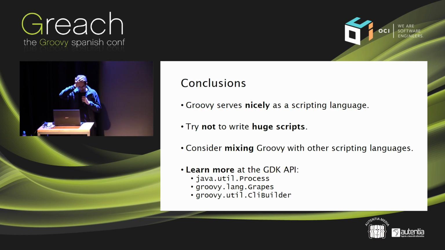And consider mixing Groovy with other scripting languages and leverage their strengths. Lastly, you can learn more from the GDK API reference. There's a lot of information for what I've just shown you in the Process class, the Grapes class, CliBuilder, etc.